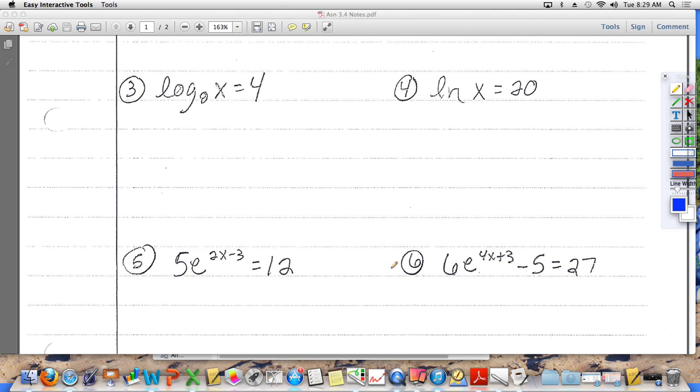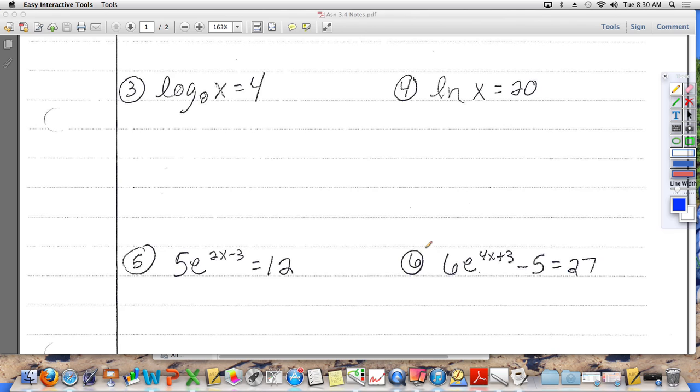Log base 8 of x is equal to 4. Right now, this is in logarithmic form, and I don't know how to figure out what value of x would make this logarithm equal to 4. So whenever in doubt, and it's in logarithmic form, change it so that it is in exponential form.